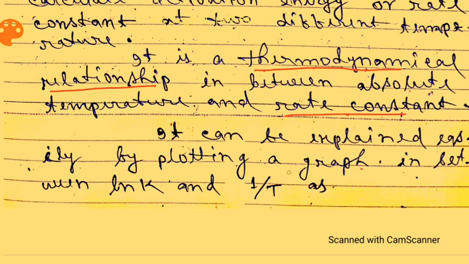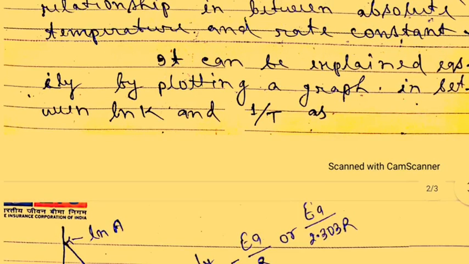by plotting a graph between ln K, meaning log on base e of K, and 1 by T, meaning the inverse of absolute temperature. What will we get?